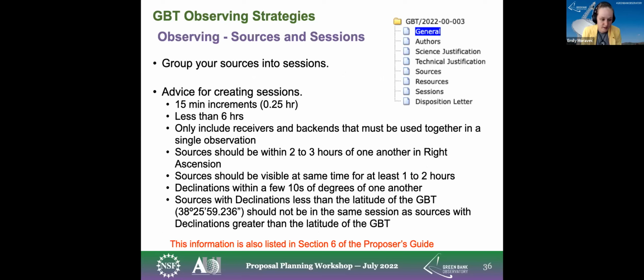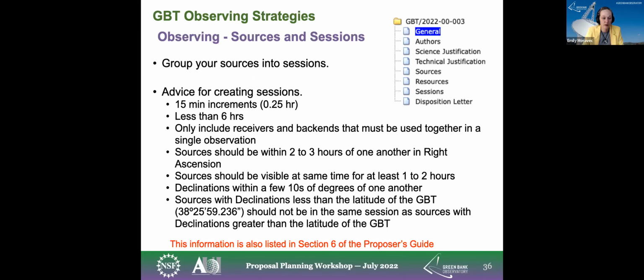So here are some different pieces of advice on your sources and your sessions. Jesse will go over this later about how to create a proposal in the PST. But you have to create sessions and you have to put in your sources.